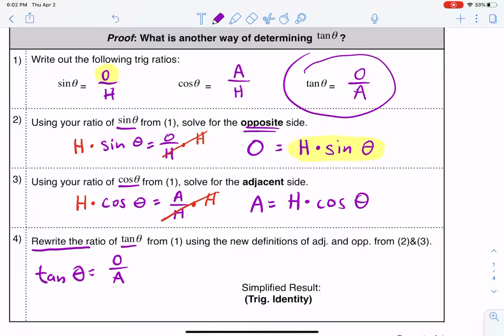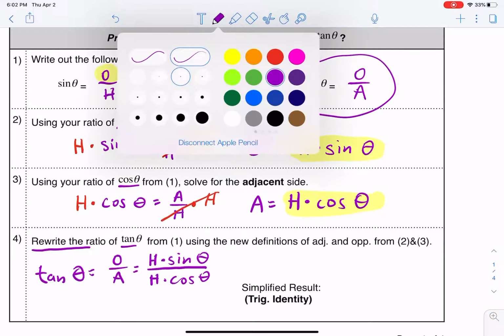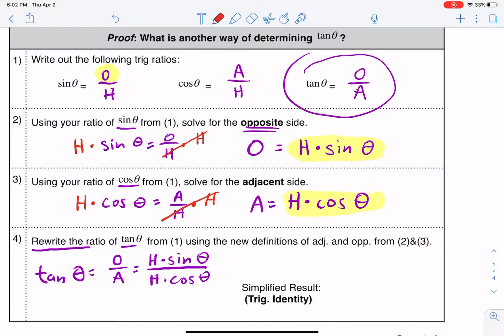So opposite is the same as the hypotenuse times sine of theta. Adjacent is the same thing as the hypotenuse times cosine of theta. Now if we simplify this, you should notice that we've got an h over an h. Those will just cancel out.